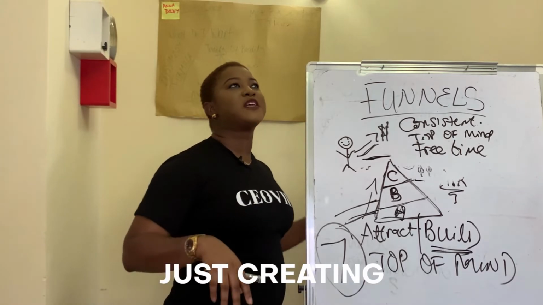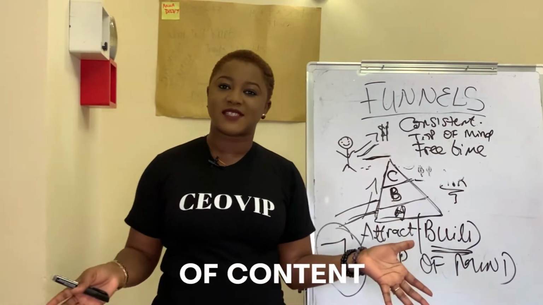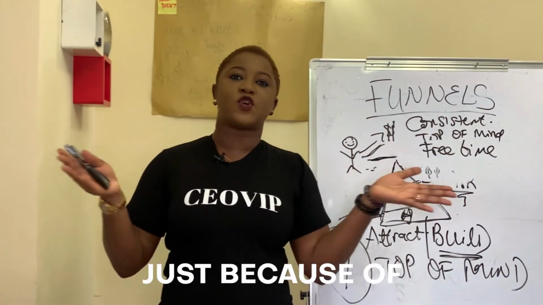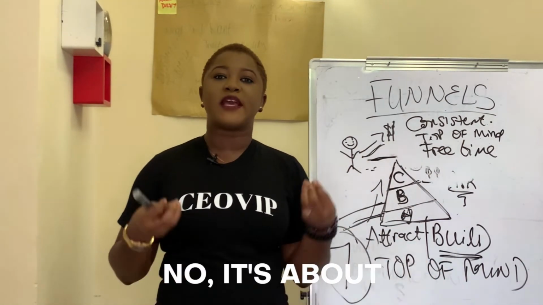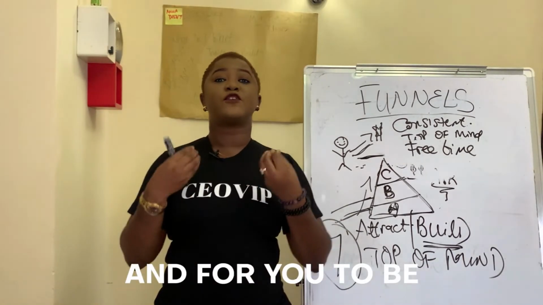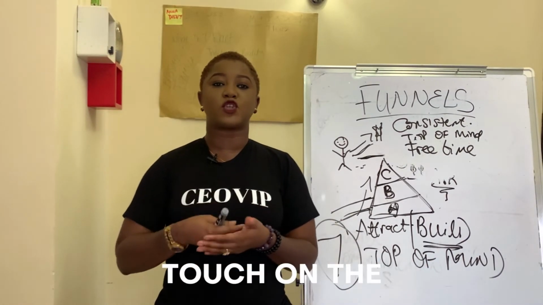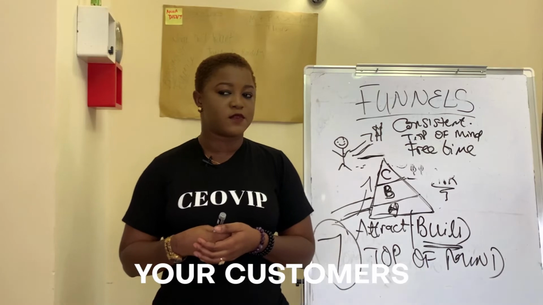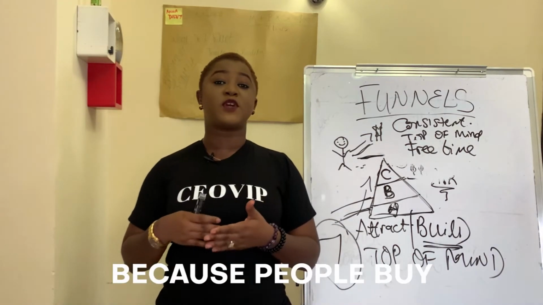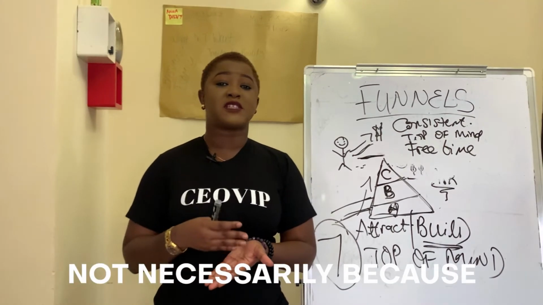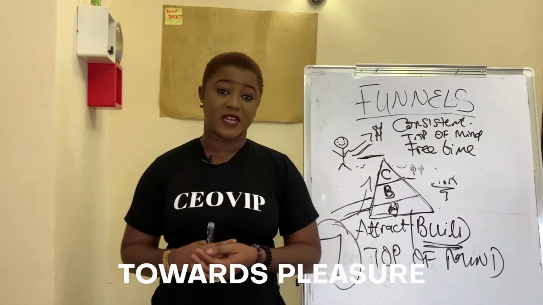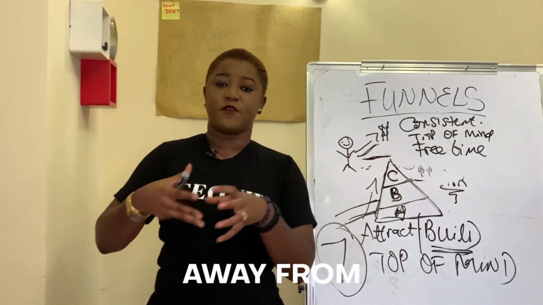So it's not just creating content just because of content, or just creating funny videos just because of funny videos, because that's going to give you the likes and the shares. No, it's about being the solution. And for you to be the solution, you want to touch on the neurological levels of your customers. You want to touch on those pain points, because people buy mostly because they're running away from pain, not necessarily because they are moving towards pleasure. Most people are away from pain people.